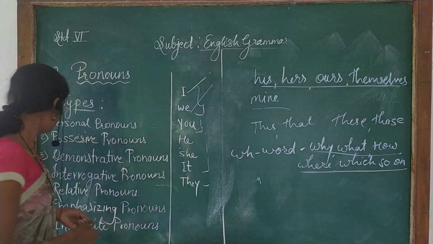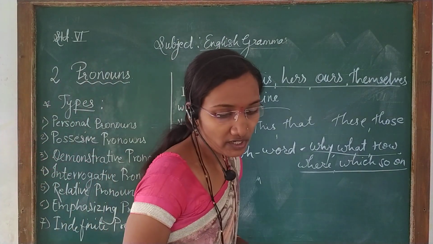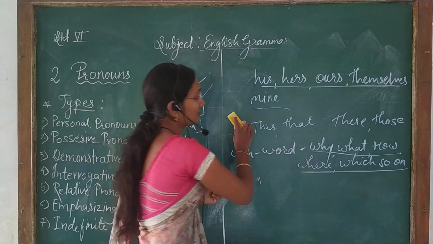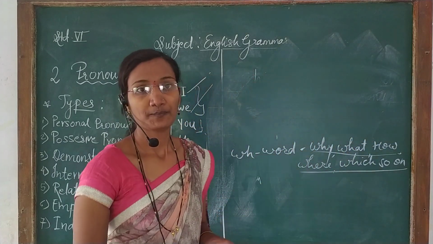Next type of pronoun is called relative pronoun. Now relative pronoun means what? Here we use relative pronouns as a conjunction also, okay, when we are talking about the subject.